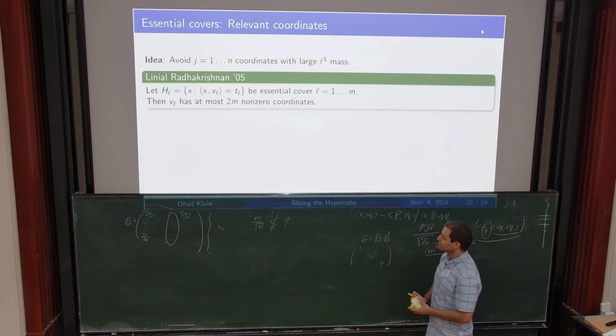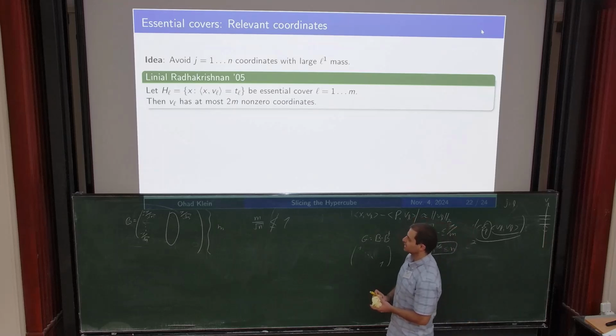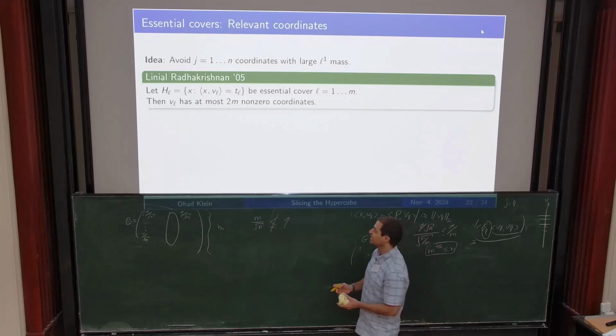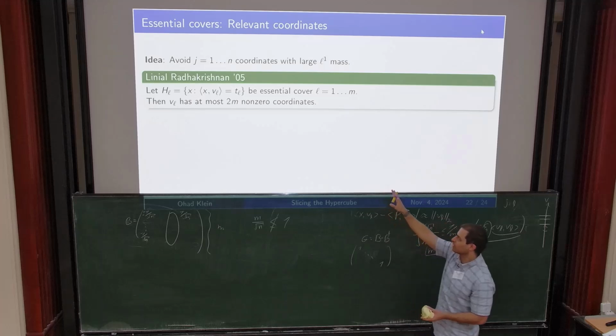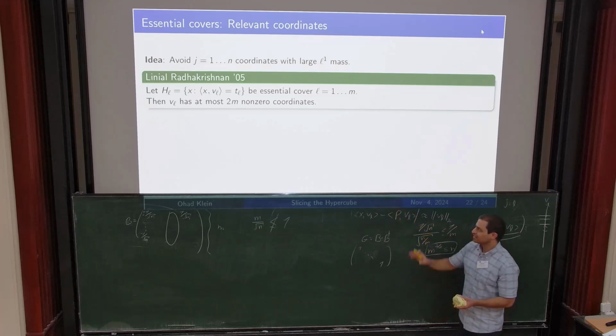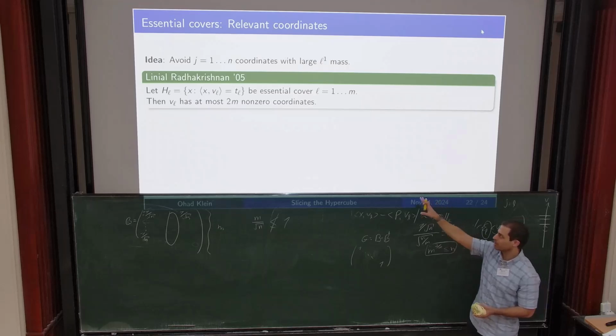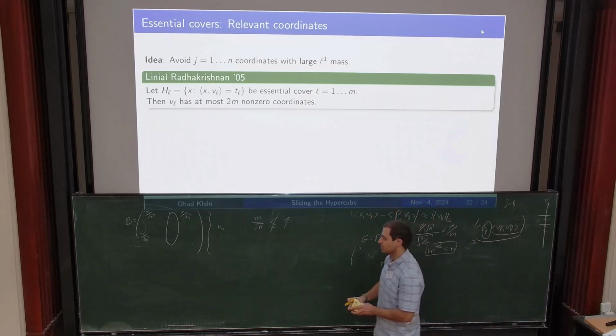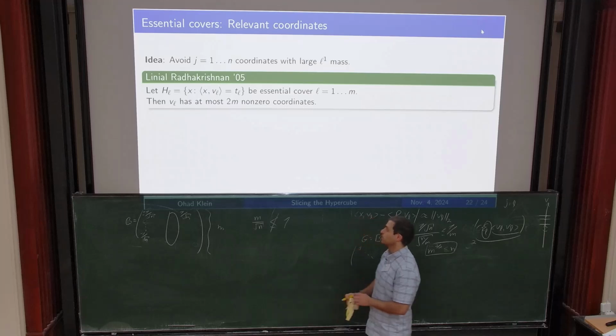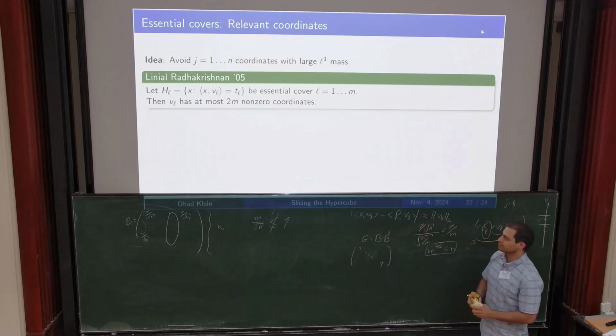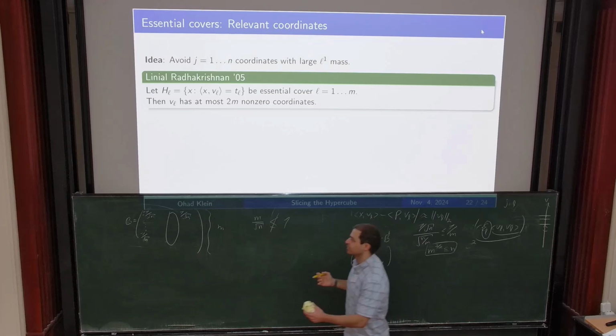And what Sorman and Xu do is to use a result of linear approximation. They showed that in the interesting case, if you have an essential cover, then the vectors are going to be sparse. You only have about m non-zero coordinates in each vector. Okay, so let us reanalyze our example.